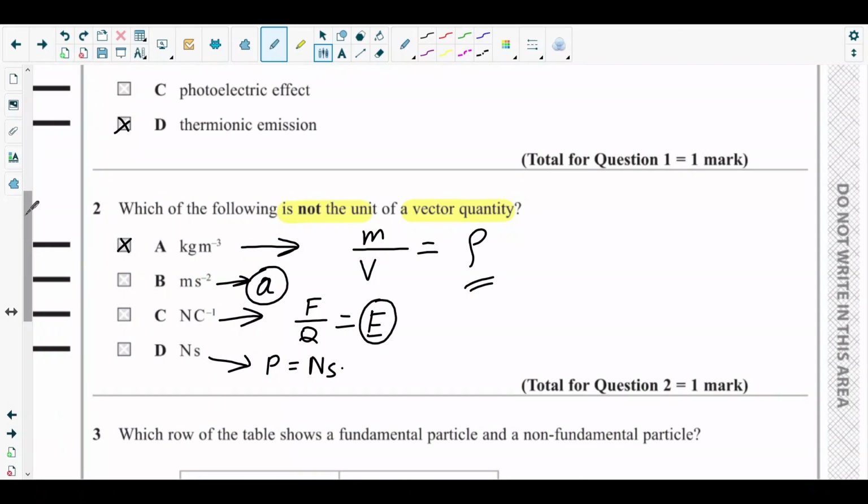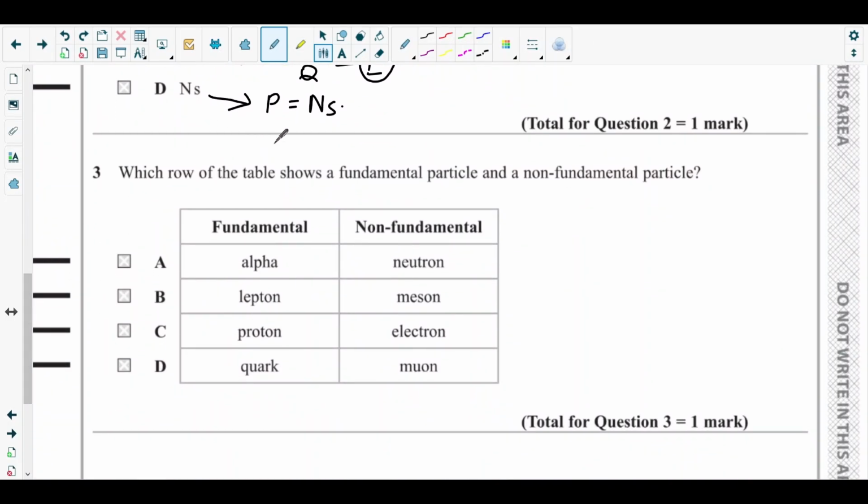Next is question number 3, the third MCQ of the paper. Which row of the table shows a fundamental particle and a non-fundamental particle? This is basically from chapter number 7, particle physics. At first, option A says alpha particle is fundamental and neutron is non-fundamental. An alpha particle is definitely not a fundamental particle, because it can be divided.